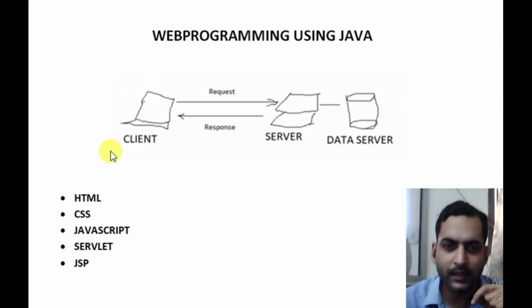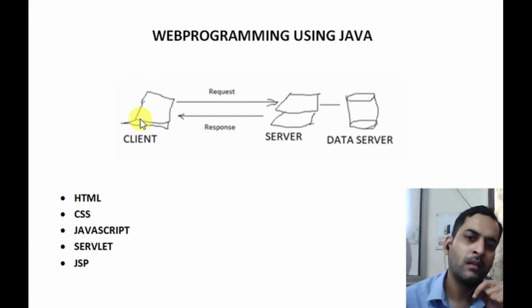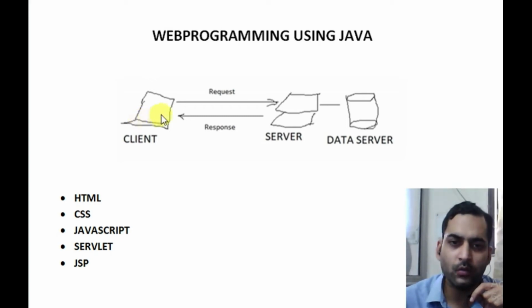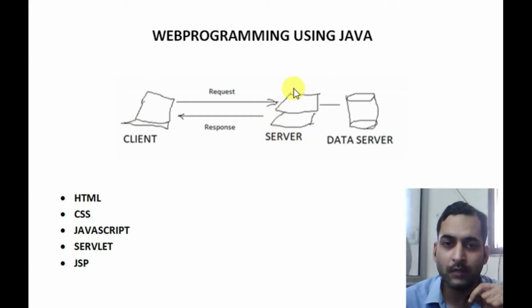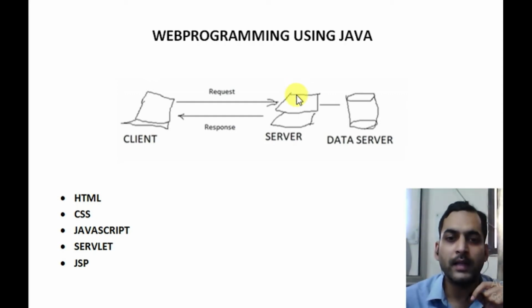In client server architecture, basically the client or web browser sends a request for some web page. That request goes to the web server. Then web server processes that request. If it is a static page, then it sends the page to the client.